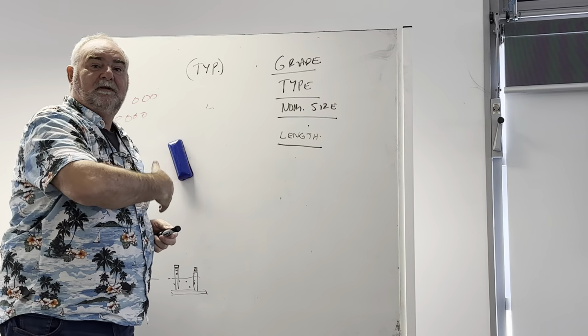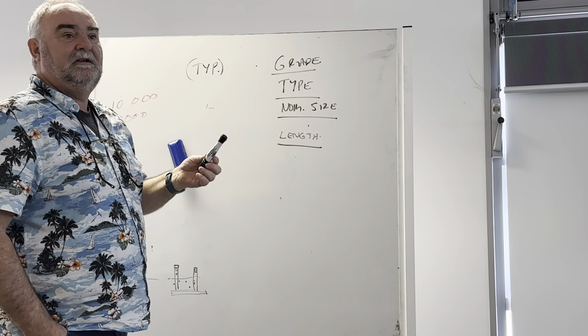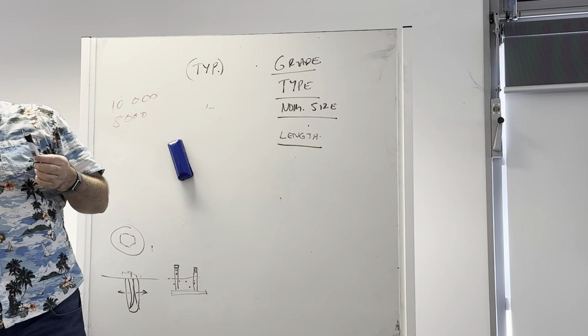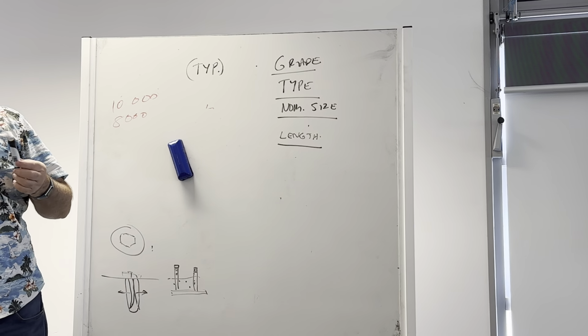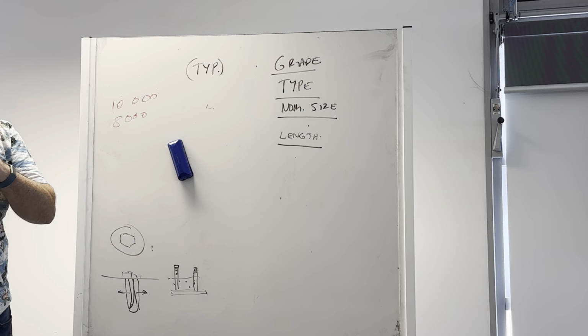I'm going to cover the grade in a minute, the type in a minute, the nominal size and the length. Nominal size is important. It's the call-up size. But it does vary, and I'll show you that as well. It's more important to a registered engineer, the actual size of the timber, because they do the beam to the actual size.